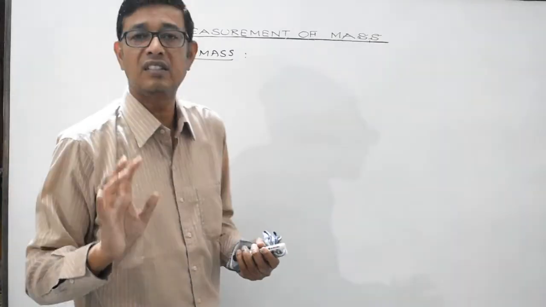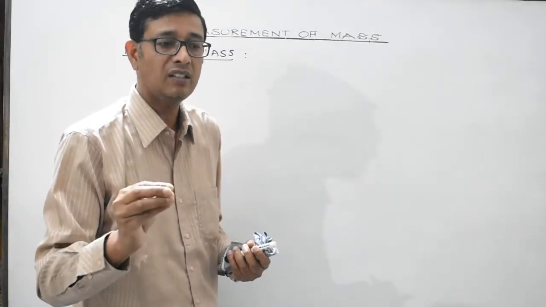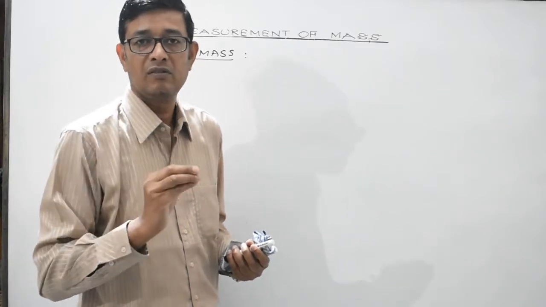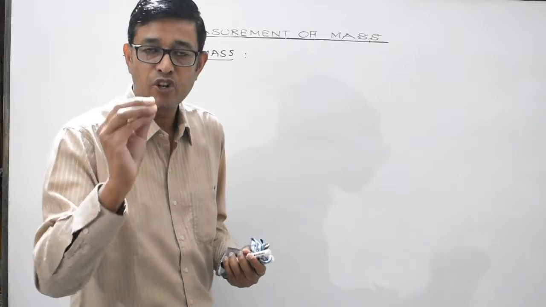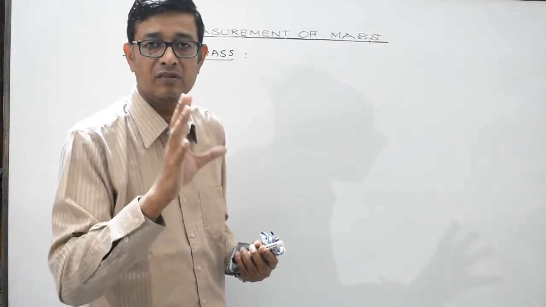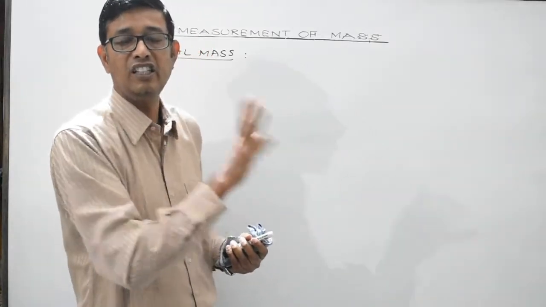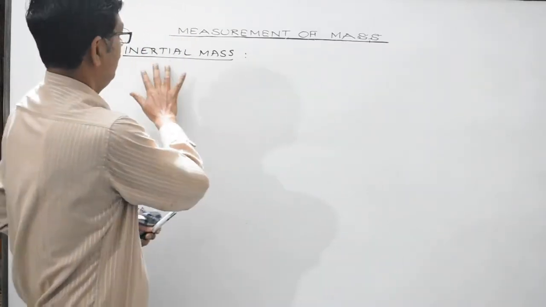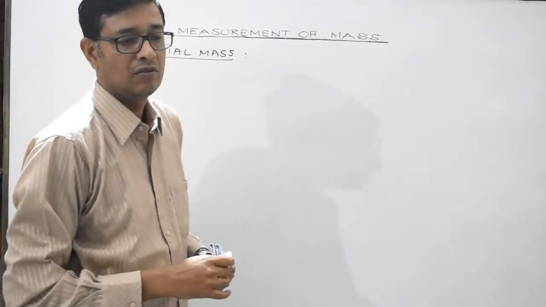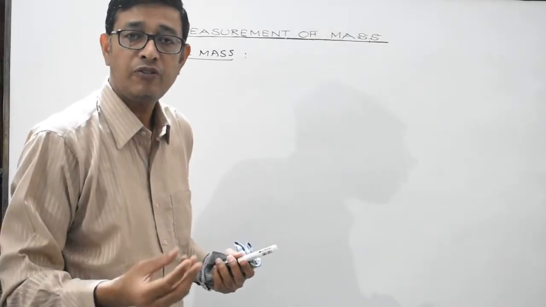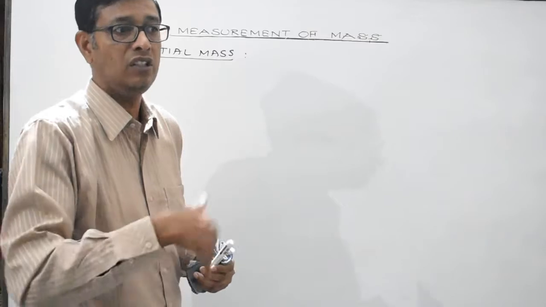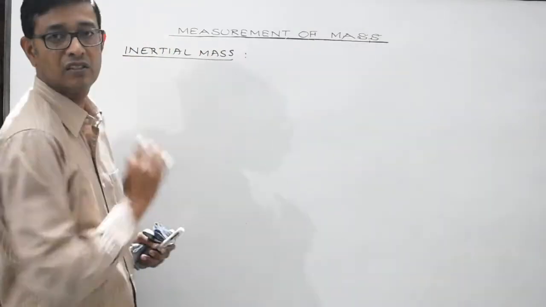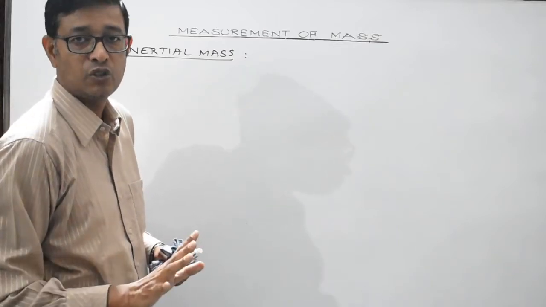What I mean to say is that the measure of inertness of a body is basically given by inertia. Right? So, inertial mass actually gives the measure of inertness of a body. How inert a body is can be given by its inertial mass. Understood?